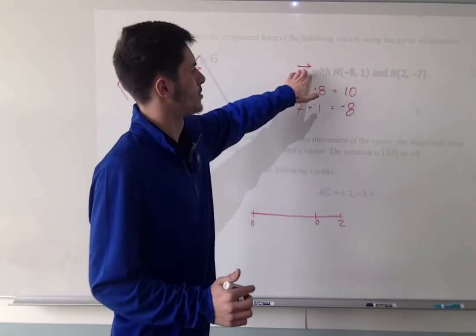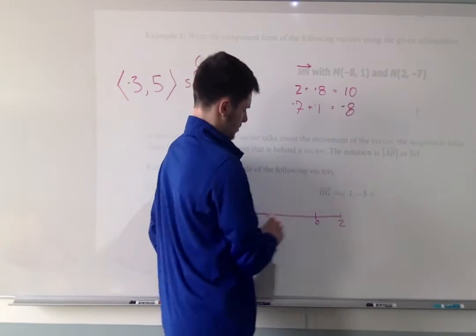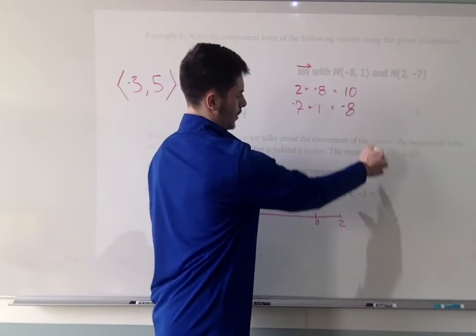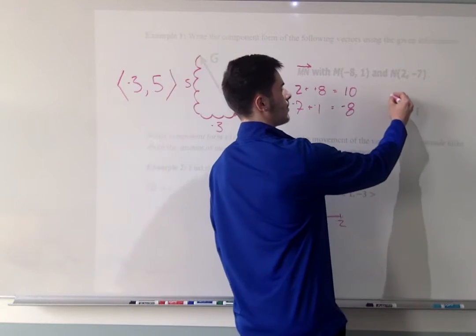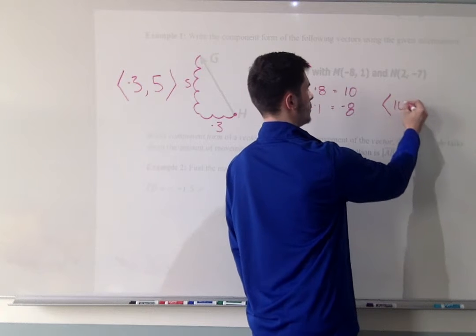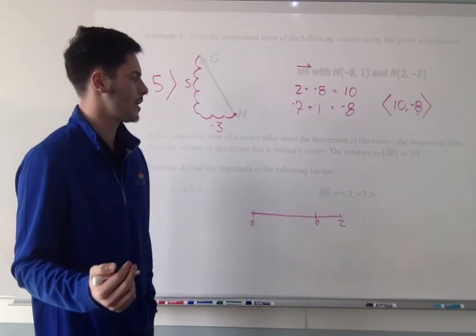And so since we just counted these with subtraction, we know that this is the horizontal distance traveled, right? And this is the vertical distance traveled, and we said it was 8 downward. Our component form of this vector then would be <10, -8>. So hopefully that makes sense.